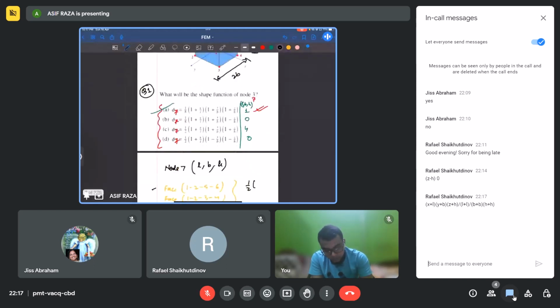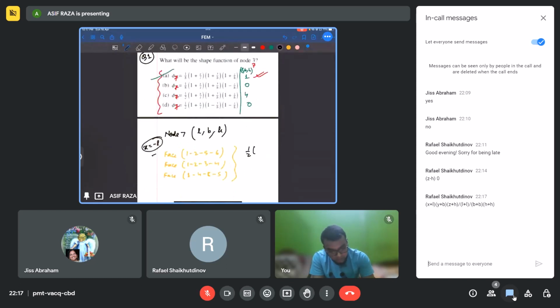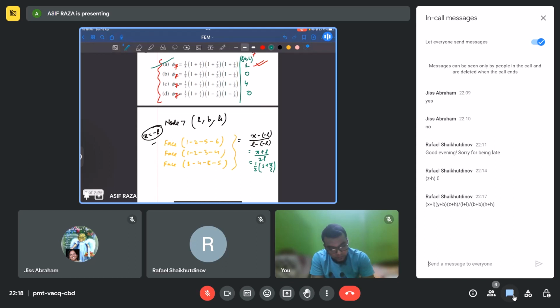So this face is x equal to minus L. So here we do x plus L, and the value at node 7 is L plus L. So this will be equal to x plus L upon 2L, that is 1 by 2 times 1 plus x by L, right? This is for this face.